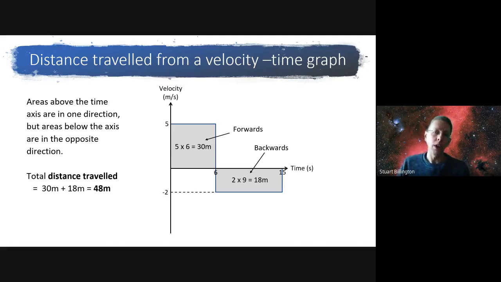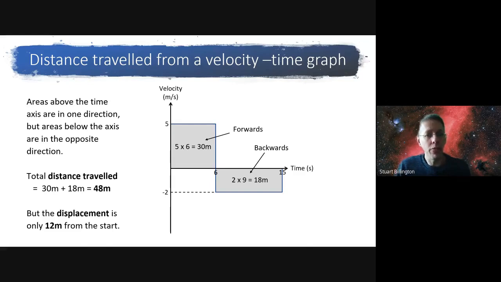However, if the question is more, how far from home are you when the journey finishes? Well, you went 30 meters there and then you came 18 meters back again. So actually you have ended up 12 meters from where you started. Now, we have a special word in physics for the difference between the beginning of a journey and the end of a journey.